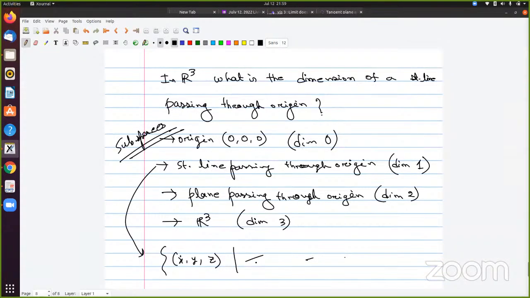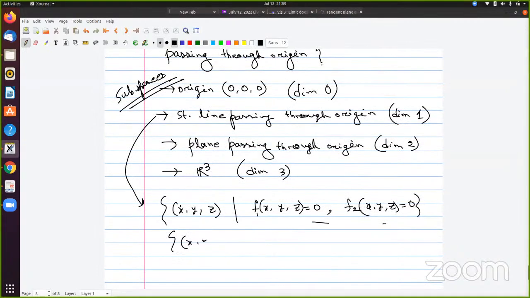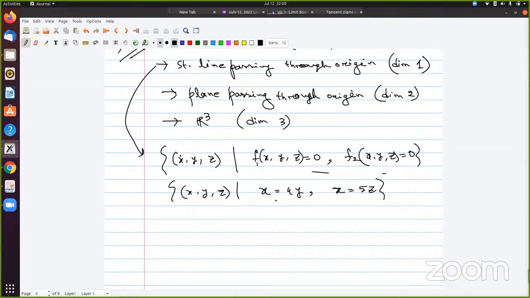So basically, if two independent conditions are given, f1(x,y,z) = 0 and f2(x,y,z) = 0, these are constants. Suppose x equal to 4y, x equal to 5z. If I write it like this, this is x minus 4y equal to 0, this is x minus 5z equal to 0, right? What will be the dimension of this subspace? 1.